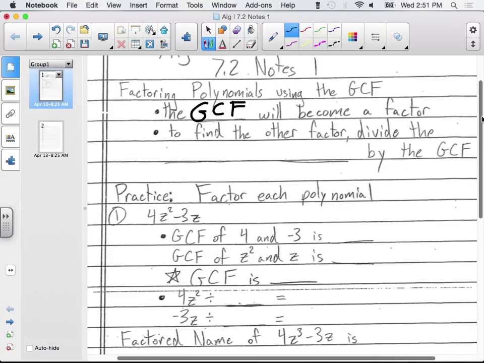For right now, we're just going to be dealing with end answers that give us two polynomials. So our greatest common factor is going to be the first one. To find the other one, we divide our original polynomial, whatever problem they give us, by whatever we find our greatest common factor to be.